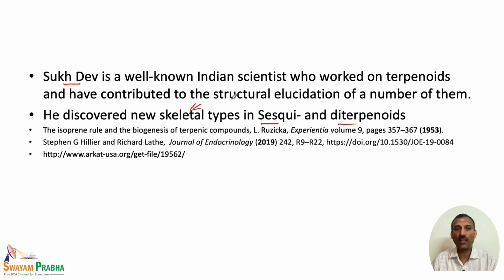He is one of the leading scientists from India who worked on terpene chemistry. If you look at some of the journals, we talked about the isoprene rule, which was given by one particular journal article, and similarly the Journal of Endocrinology had a lot about the isolation and occurrence in various plants. If someone is interested, they can read these papers for further information.